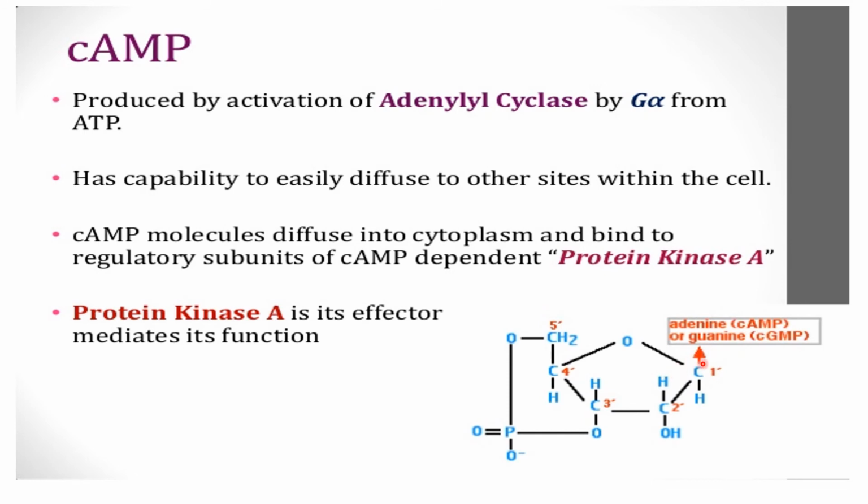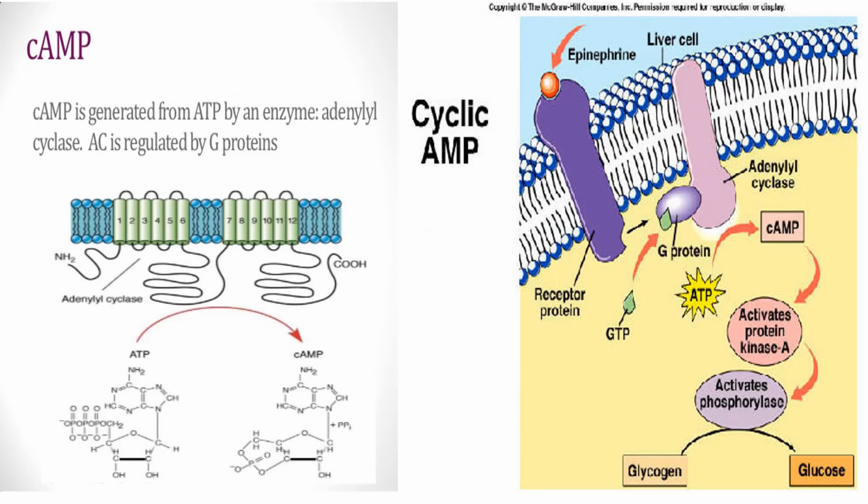If the nitrogenous base guanine is present, then it will be cyclic GMP. If at this point the adenine is attached, then it will be known as cyclic AMP. But here, as we are discussing cyclic AMP, cyclic GMP will be discussed later.